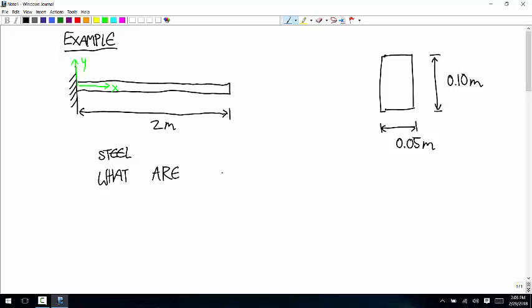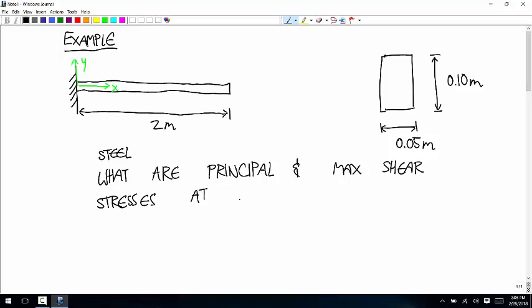So we want to calculate the principal stresses and the max shear stresses at the point where they're the highest. Where they're the greatest.